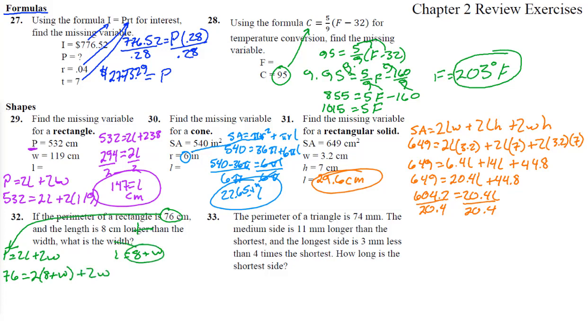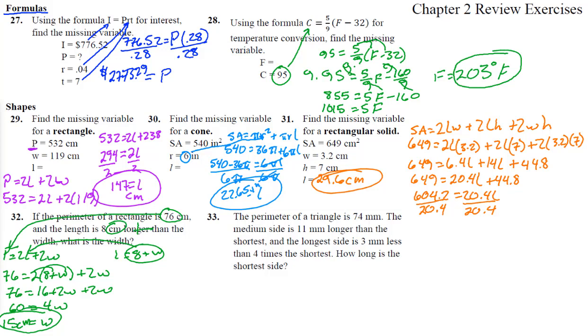So they tell us what the perimeter is, they tell us what the length is, so now we've got to find the width. So 76 equals 16 plus 2W plus 2W. Subtract 16 and we get 60 equals 4W. Divide by 4 and we get W is 15. The width is 15 centimeters.